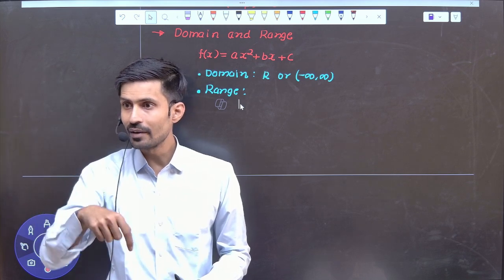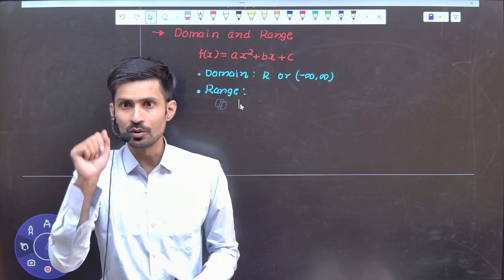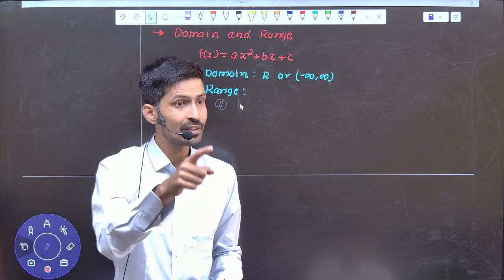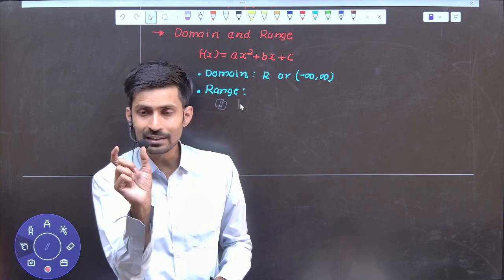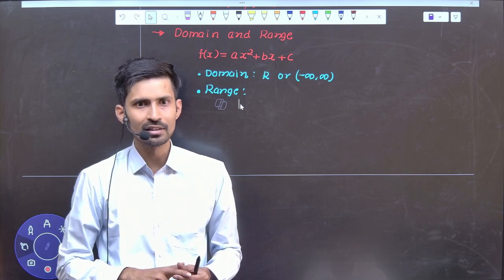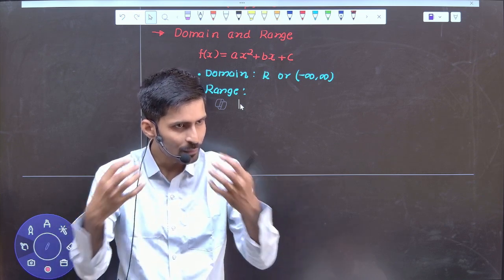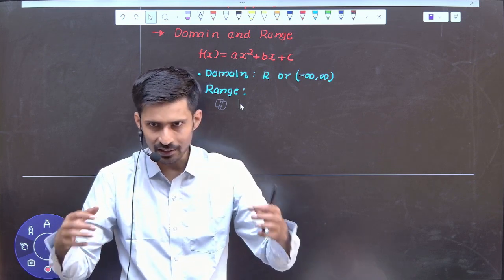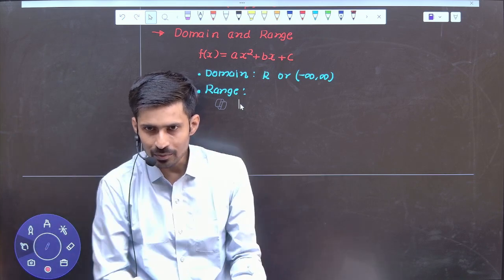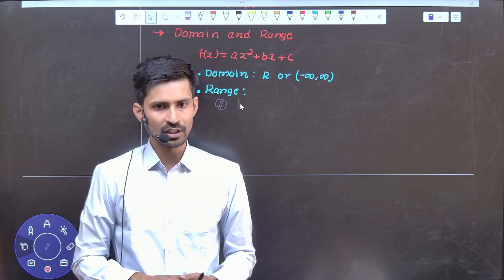If you give 45 degree, it will represent 1 by root 2. If you give 0 degree, it will represent 0. If you give 60 degree, it will represent root 3 by 2. So we can see sine theta is representing a lot of numbers, not a single number. All those numbers, whatever it can form, collectively, all those numbers we say is the range of sine theta. Okay, na?